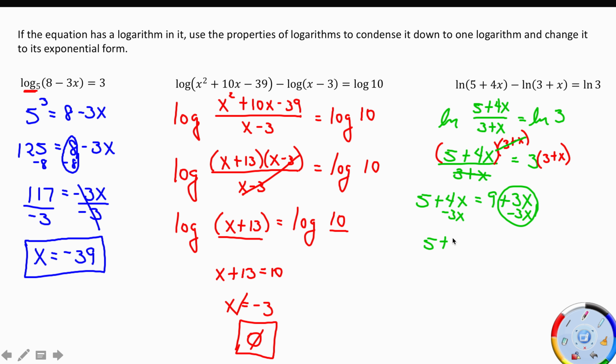So 5 plus x equals 9. And x equals 4. And let's go up and check it. 5 plus a positive number is positive. 3 plus 4 is positive. Works.